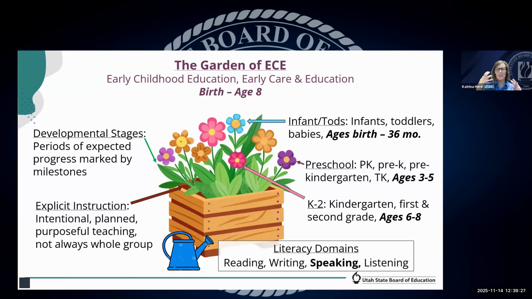Literacy we usually attach to printed word, but speaking and listening are producing language and receiving language. And so it doesn't have to be print on a paper for you to be able to produce and receive language. So that's what we're talking about with our literacy today.